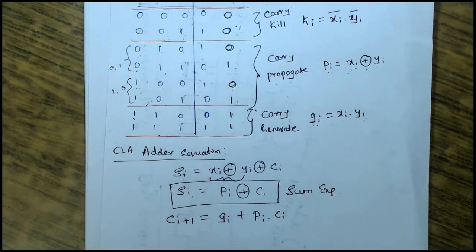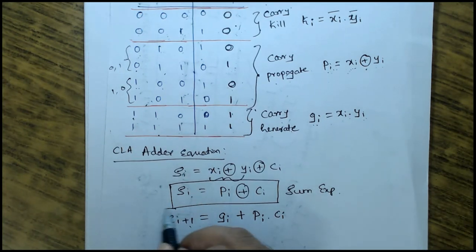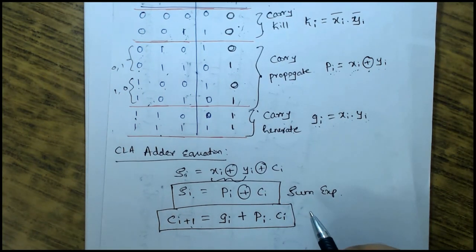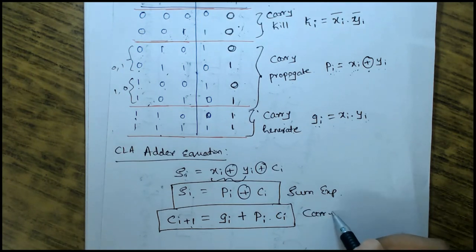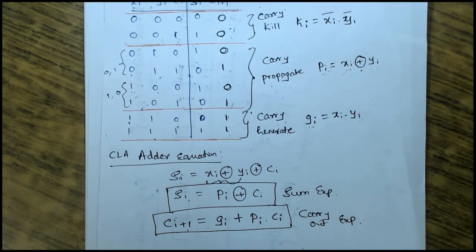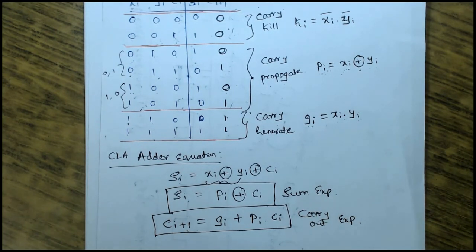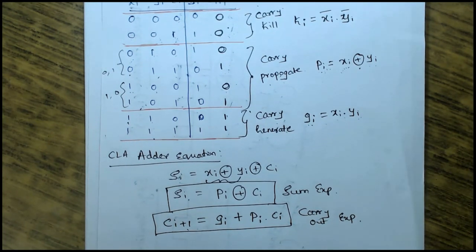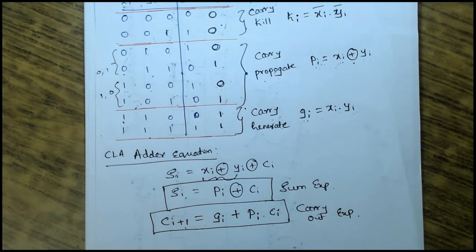This gives you the carry i plus 1 expression. So this is your carry out expression. This is the basic design. Now we will move further to compute the further carries.